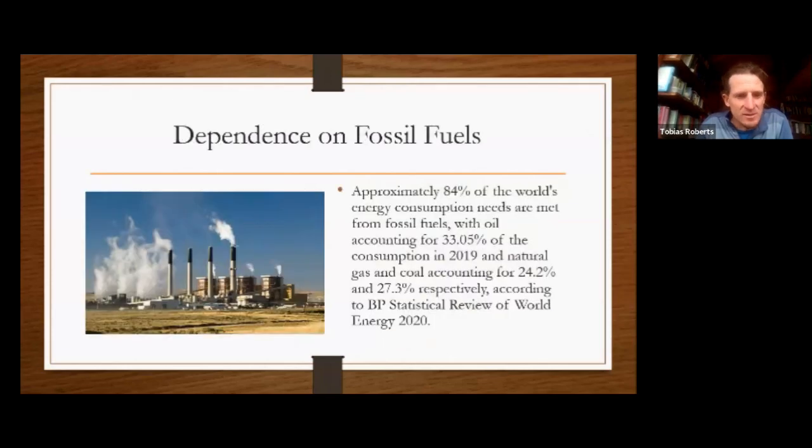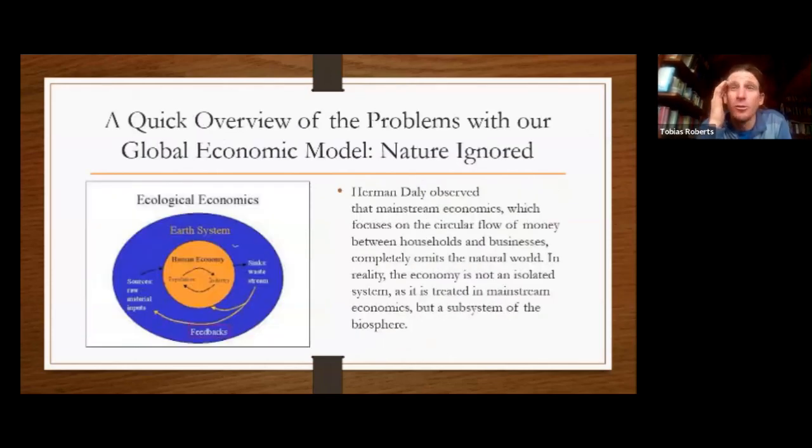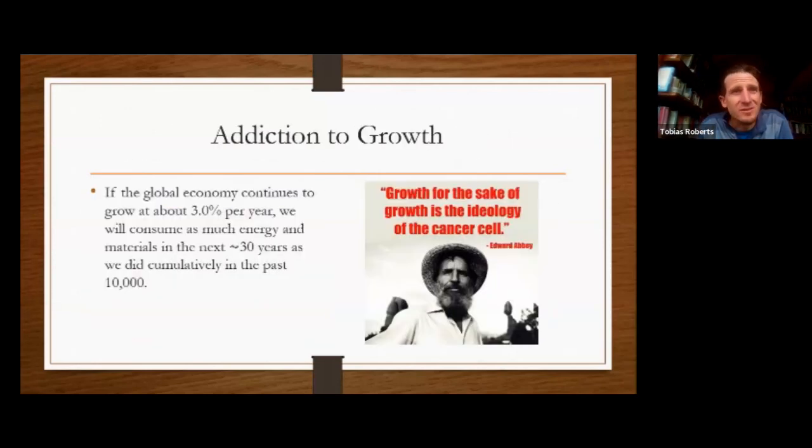When we go back to this reality that the economy exists within a larger subsystem, can we really continue to advocate for 3% growth per year, knowing that in the next three decades we're going to need to extract as much energy and as many materials as in the last 10,000 years? So however many generations of that.